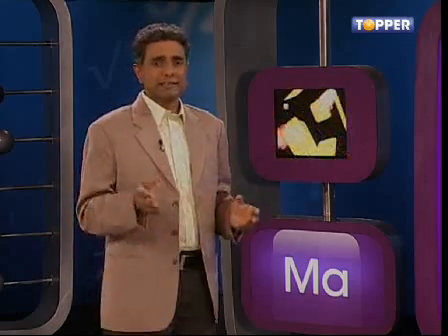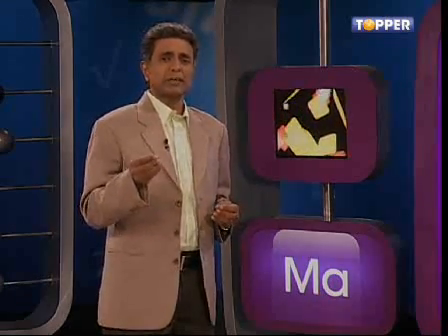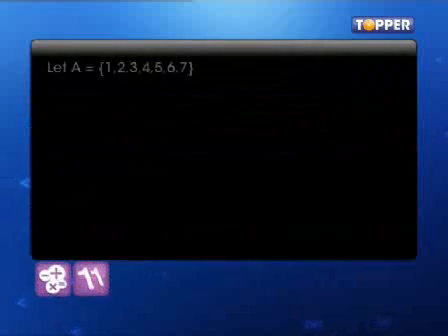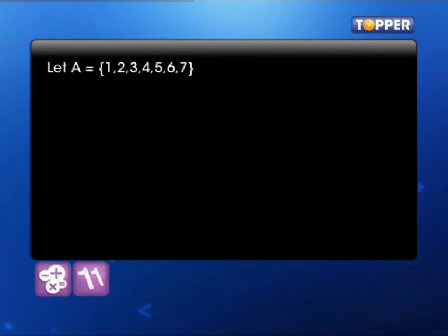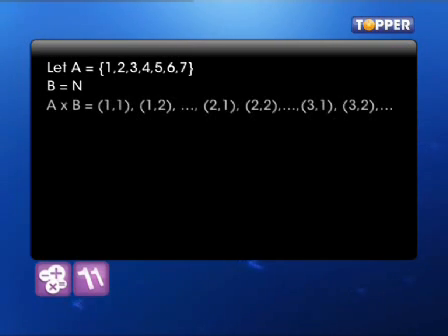In order to understand these notations, let's look at a key example. Let A be the set of first 7 natural numbers, 1, 2, 3, 4, 5, 6, 7, and B be the set of all natural numbers. The elements of the product A cross B will be of the type (1,1), (1,2), (2,1), (2,2), (3,1), (3,2), and so on. They will be infinite, remember.